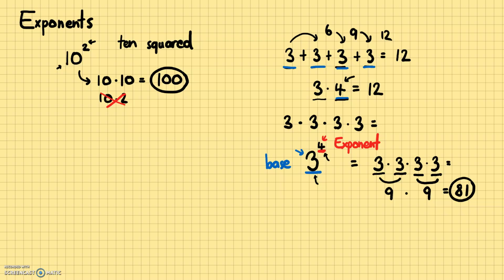And also, there are different ways to read exponents. So let me write a few exponential expressions here. Okay, first of all, let's consider this first one here. Which number is the base and which number is the exponent?